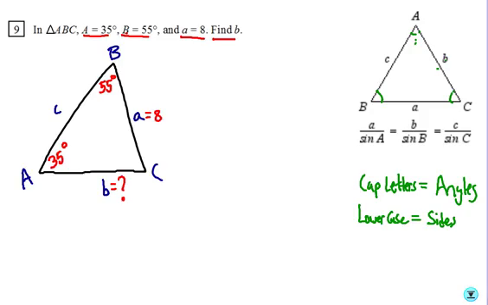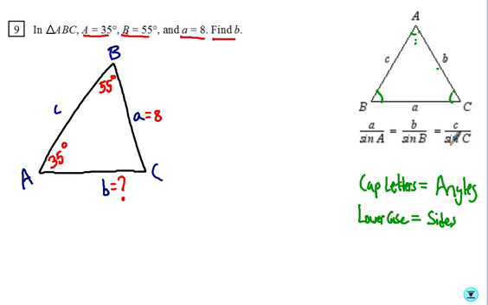With this one we know an angle and a side, and then we know an angle, but we don't know this other side. And so what we do is we pair up. If you take a look at this, we got a side, angle, side, angle, side, angle. And so we're going to pair each one of them up.